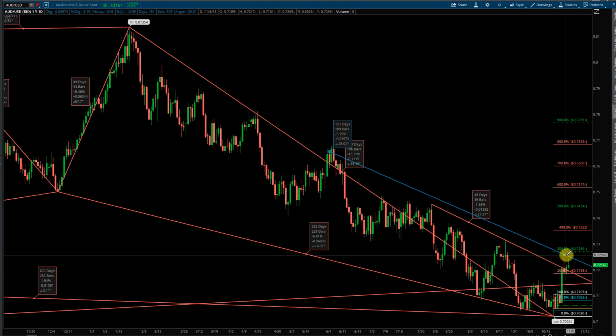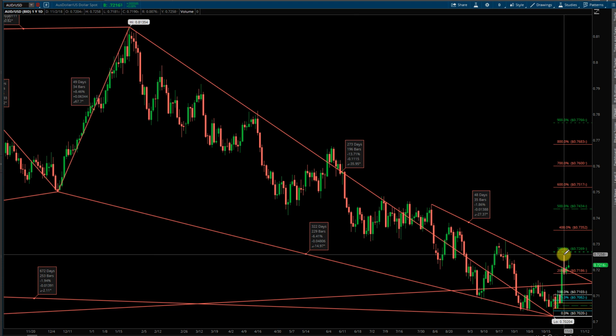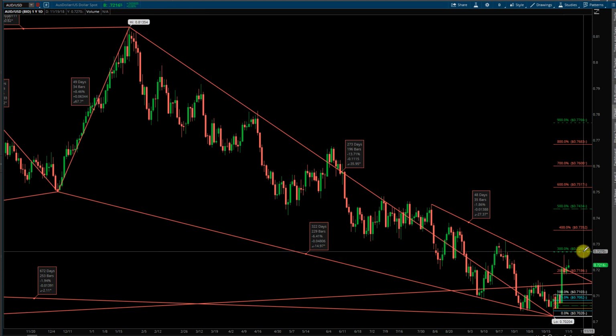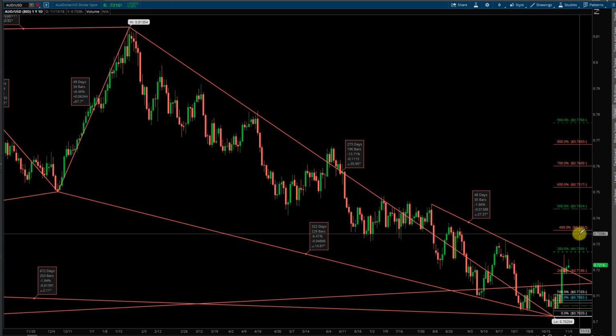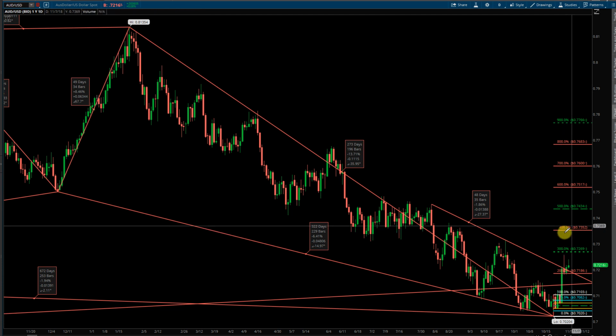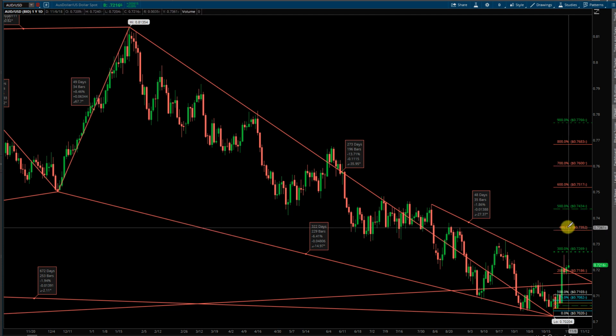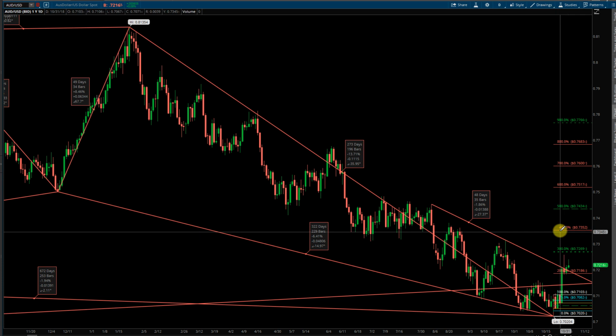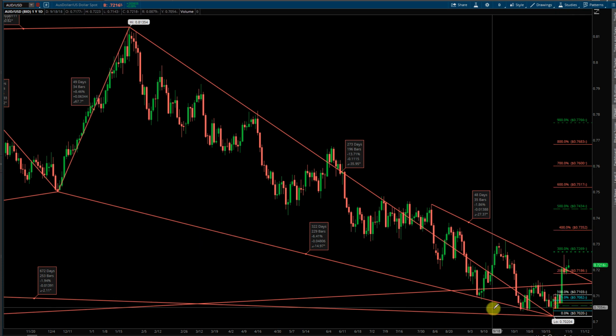If we close above that 11 to 72.58 high, and get above there and get to 72.69 up here and fluctuate, and then get to the 73.52, then chances are that the bears have lost control and the bulls are in control. So let's dissect this a little more, see where we're at.